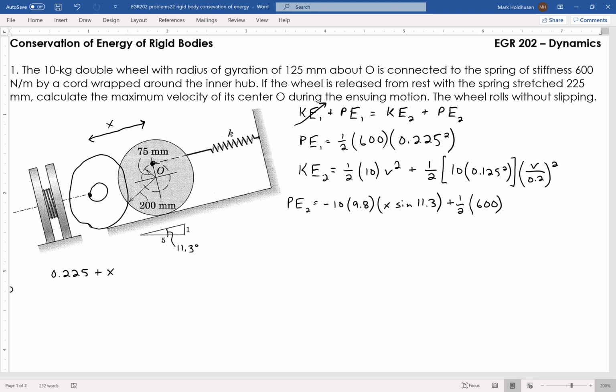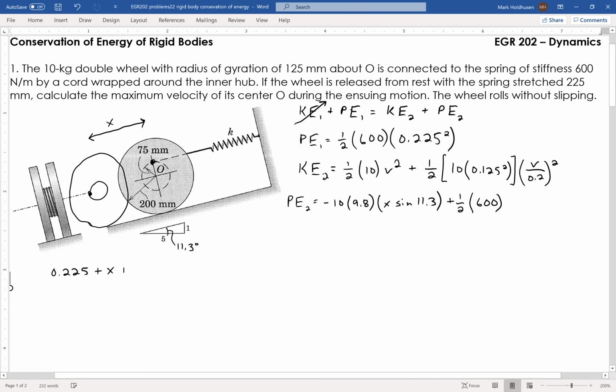Then we think about the fact that it rolls up the spool, so I need to find the radius times the angle that it rotates. The radius that the cord is wrapped around is 0.075, and the amount that it rotates, because it rolls without slipping, is just the distance traveled over the outer radius of 0.2. So we've got the initial stretch plus the distance it travels plus the amount that it rotates up on that spool.